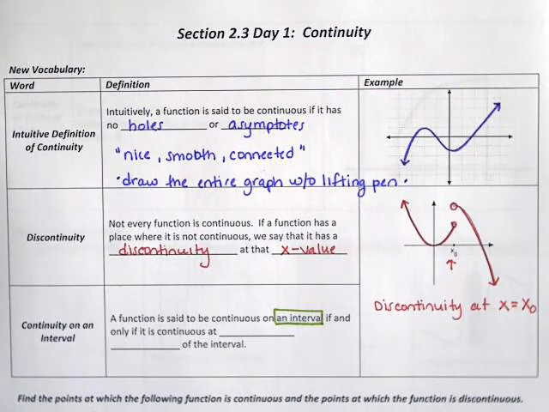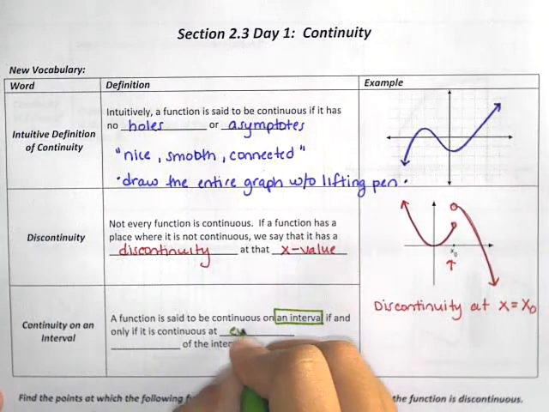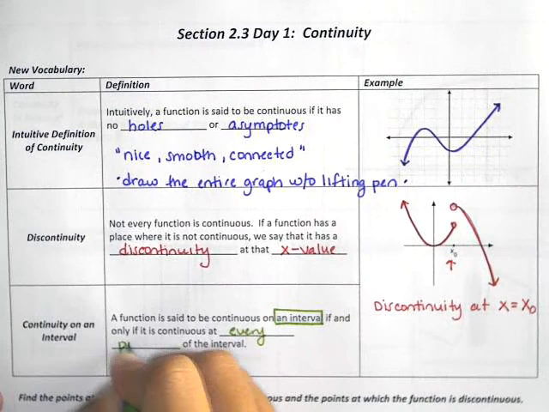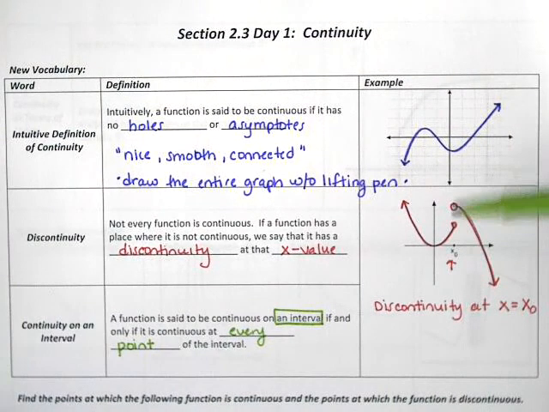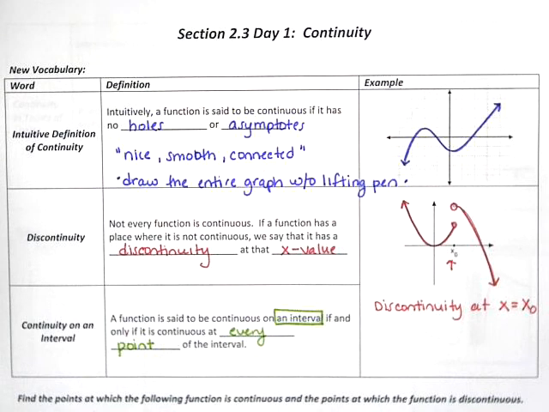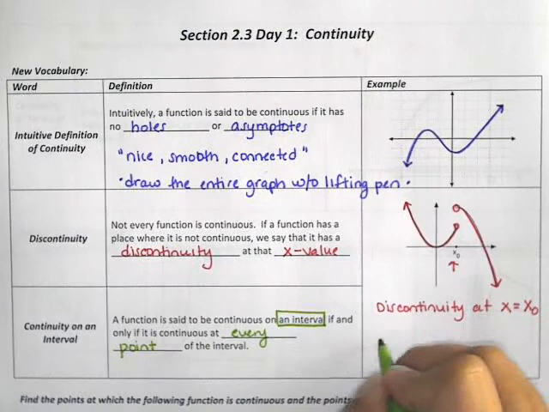So since it's impossible to list them all, we say it's continuous on an interval, and we only say this if it is continuous at every point of the interval. So it's not continuous at this spot, which means if I asked you to look at an interval of the graph where this spot was included, you would say it's not continuous on that interval. It has to be continuous everywhere on the interval in order to say it's continuous there.